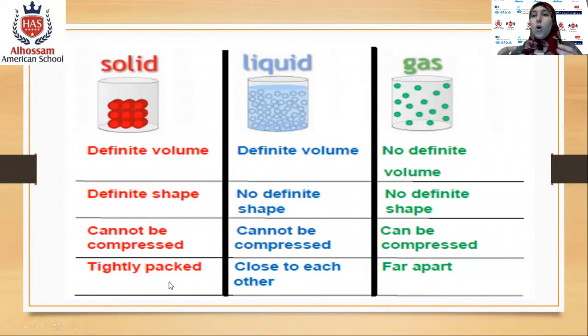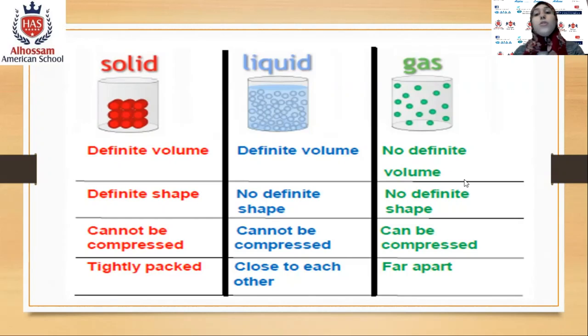Okay, so this is so important, guys. Also for the liquids, they have definite volume, no definite shape, and cannot be compressed, and they are close to each other. Okay, so let's talk about the gas.